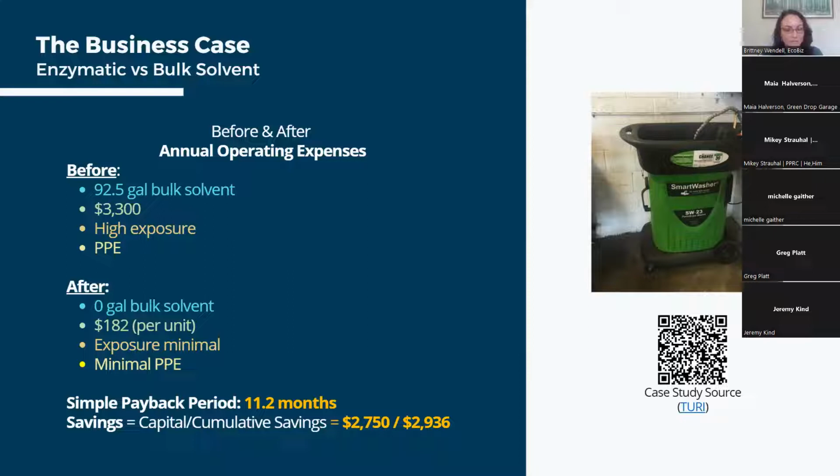So you can see that the investment paid off after about 11 months. And then going forward, it led to nearly $3,000 in annual savings. Also noting that before PPE was required and after it was, just minimal PPE and reduced exposure.